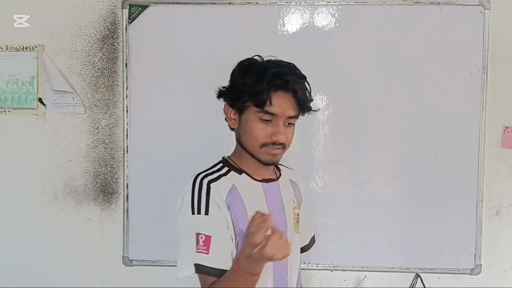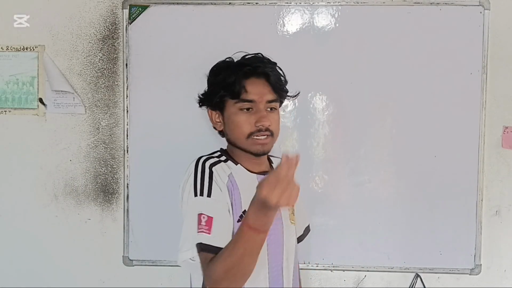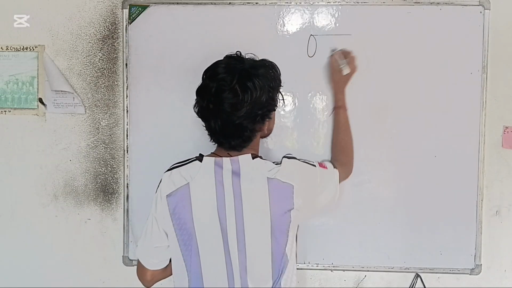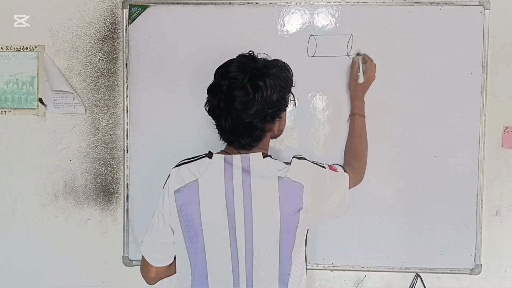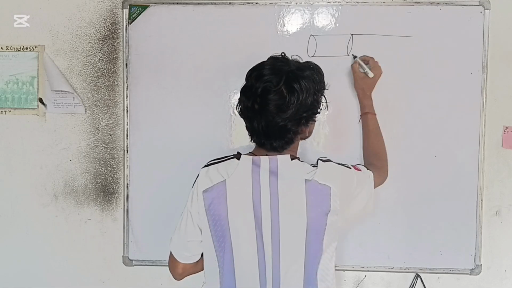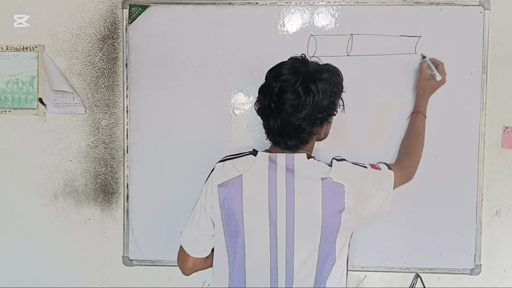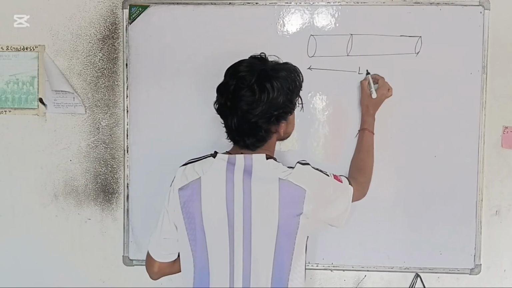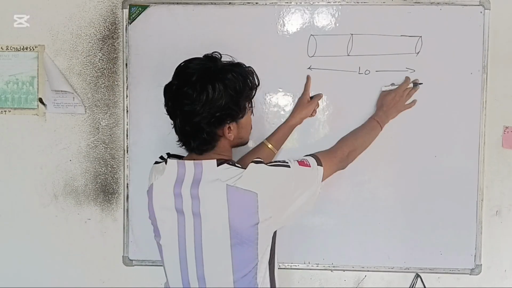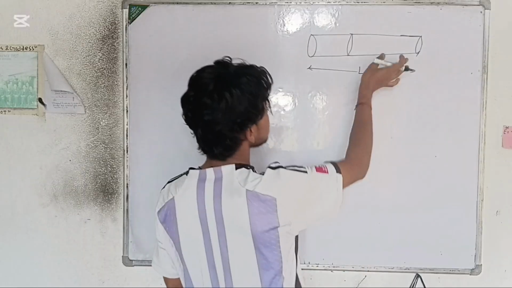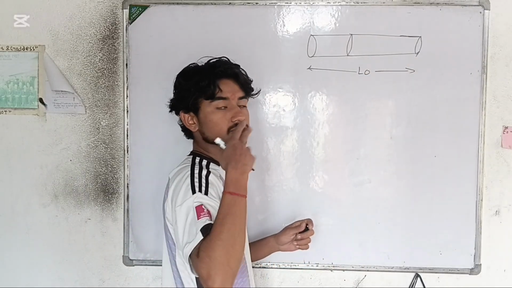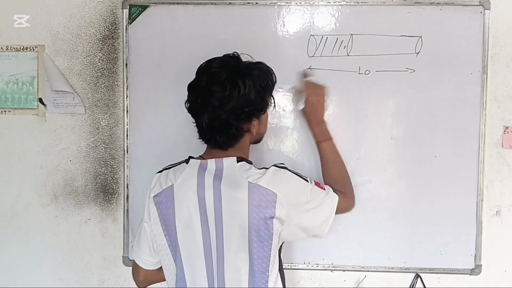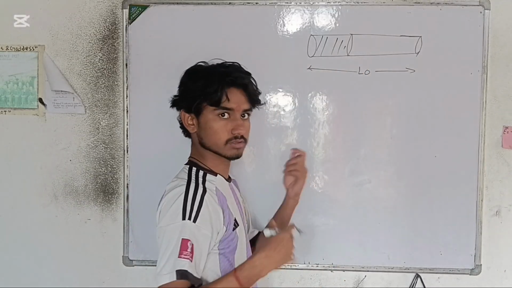So nerds, let's make a simple mathematical model describing this phenomena. Firstly, I would like to draw a cigarette so that it looks familiar to us. Let us assume the initial length of the cigarette is L naught. We do not actually smoke the whole cigarette; we take the filter part out and throw it.